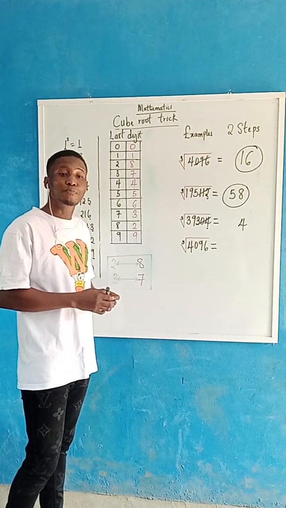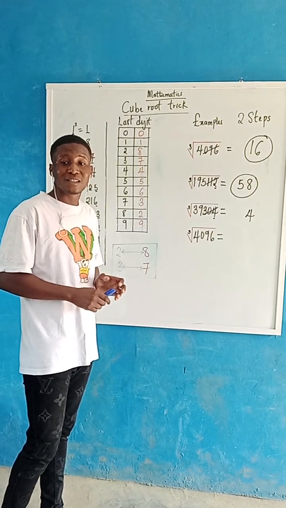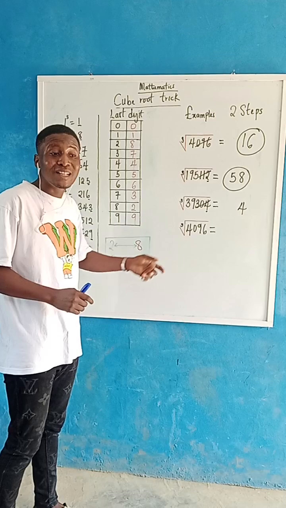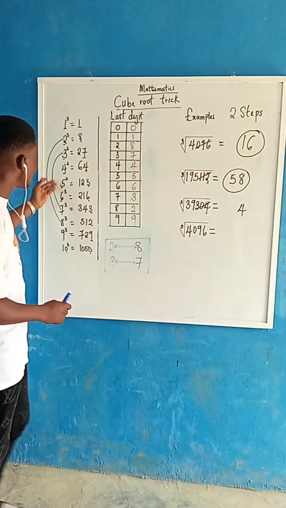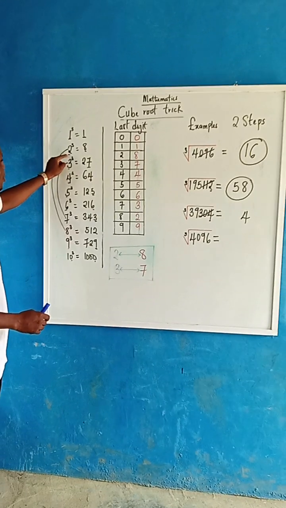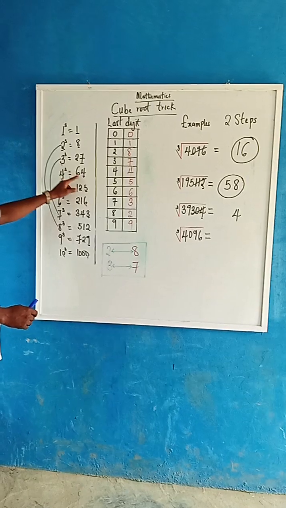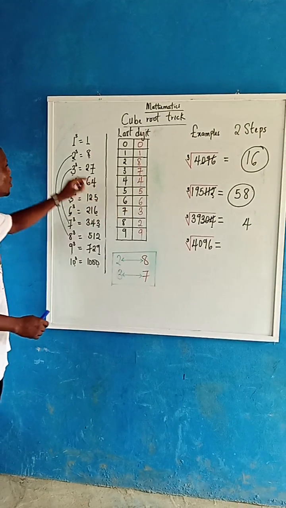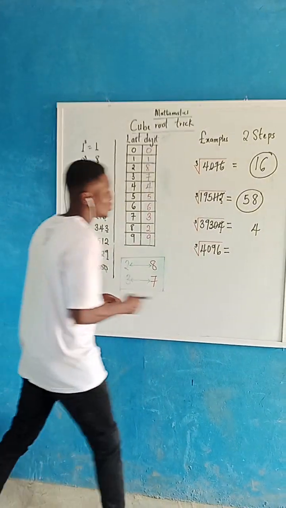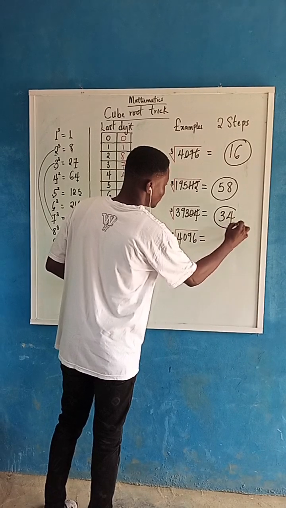We need a cube of a number such that the number is not bigger than 39, but it is closer to it. So when you look at the table here, 3 raised to the power 3 will give us 27. And whereas 4 raised to the power 3 will give us 64. So this is bigger than 39. So we're going to use 3 raised to the power 3, which gives us 27. So we are going to use 3. So our cube root here is 34.